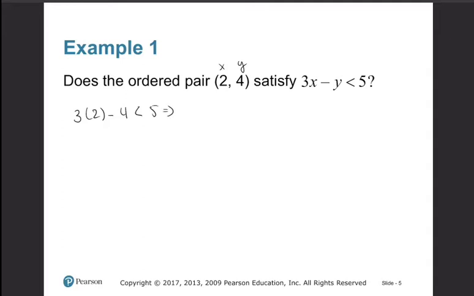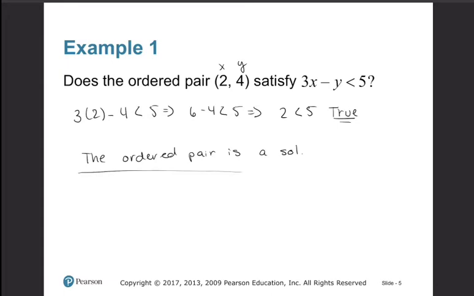Let's evaluate this. This will become 6 minus 4 is less than or equal to 5, and now we have 2 is less than or equal to 5. Is this statement true? Yes, it is true. Therefore, the ordered pair is a solution.